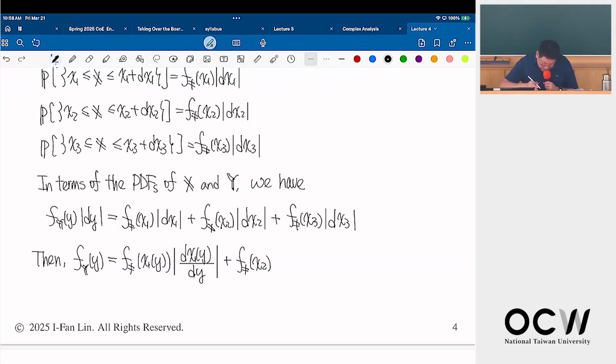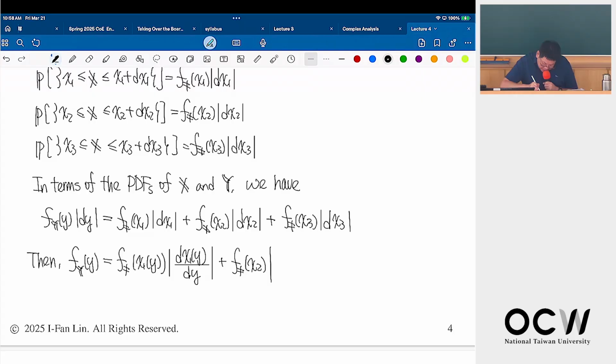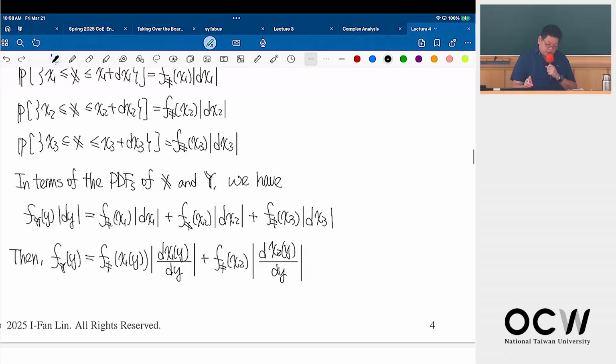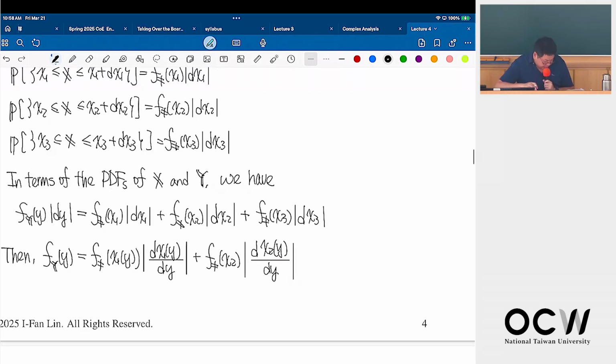And for x2, similarly, like in each part, you just do the direct PDF method: your PDF of x times the absolute value of their derivative.